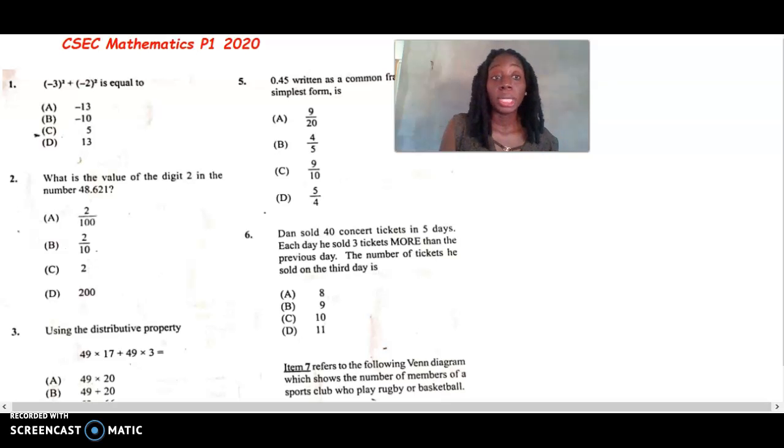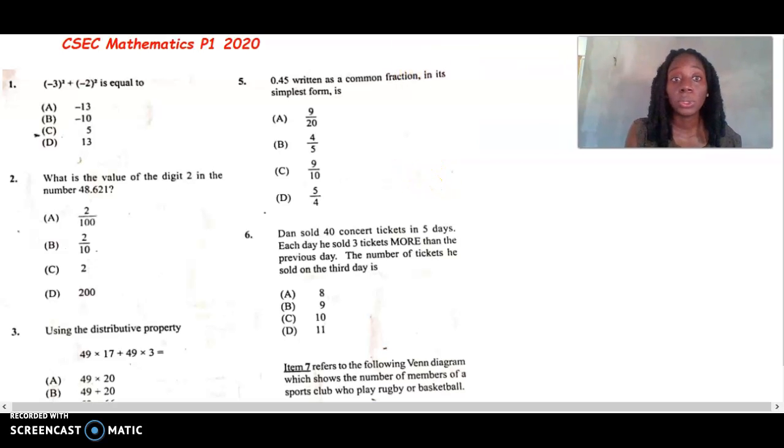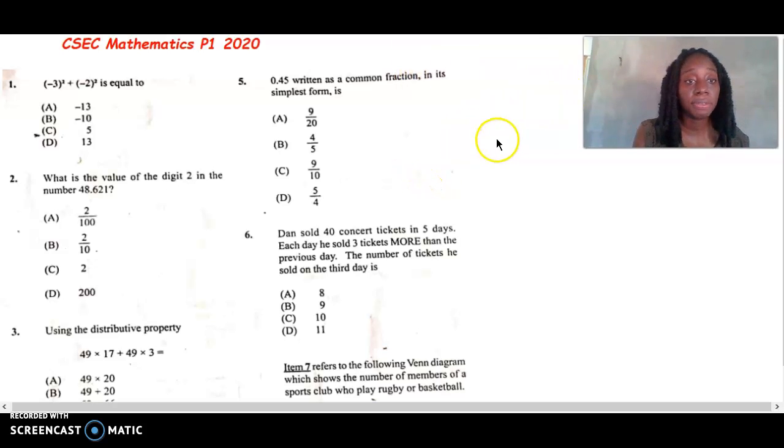So question 1 says, find the sum of the squares of two integers. The integers are -3 and -2. So I want to find the sum of -3 squared plus -2 squared.